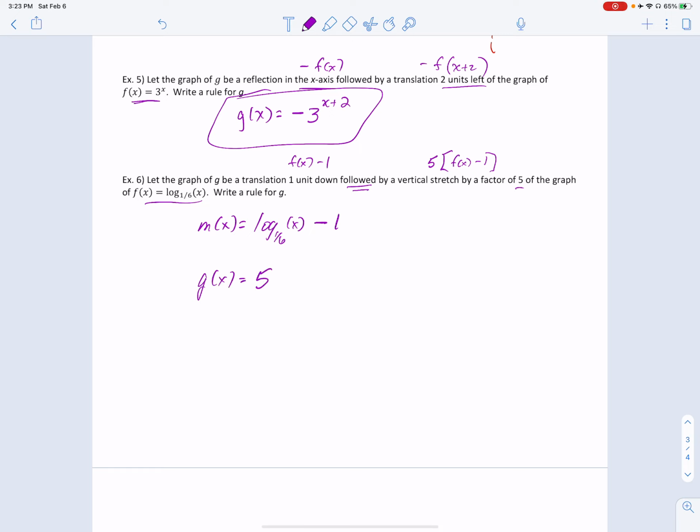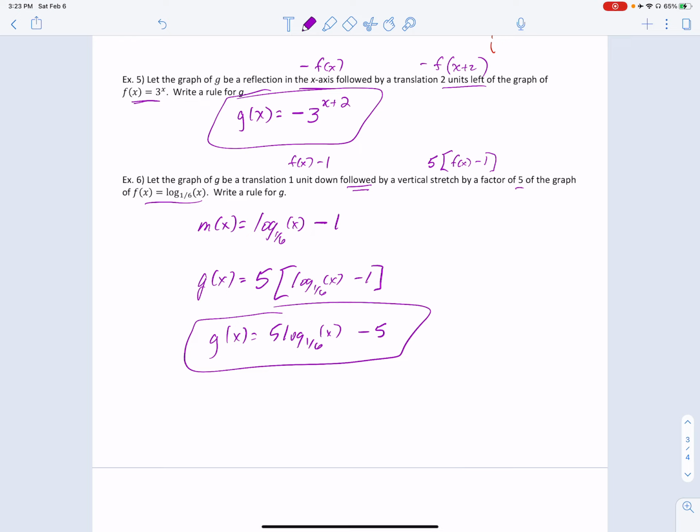So it's 5 times this. And you have to distribute that. You need to do the distributing. Don't leave it like that. And so you have to make sure you distribute and multiply the minus 1 times 5 as well. That's it.